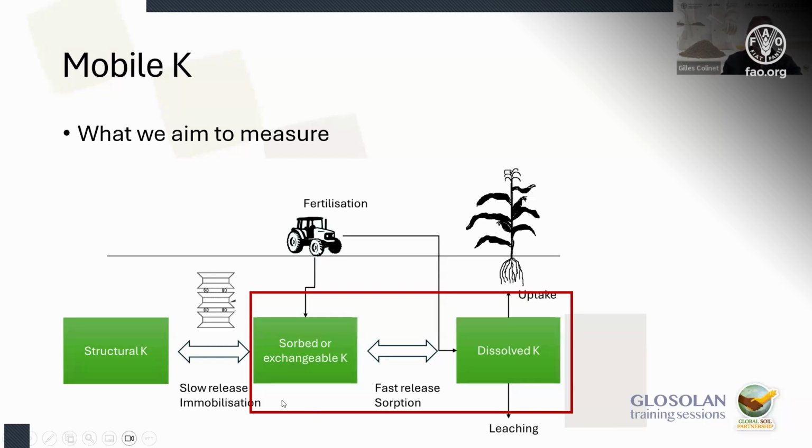So when we want to assess the quantity of potassium that is in the soil, we will try to have an extractant that takes the dissolved and the easily exchangeable potassium.